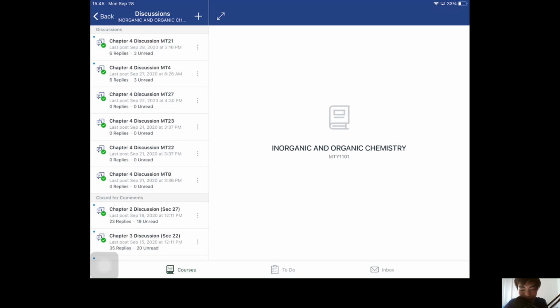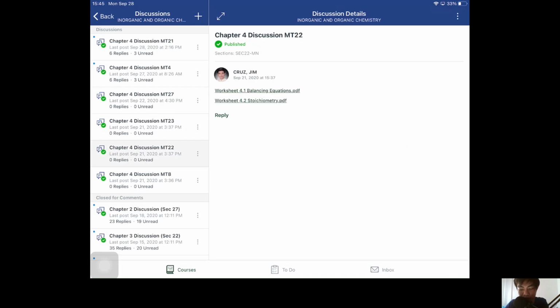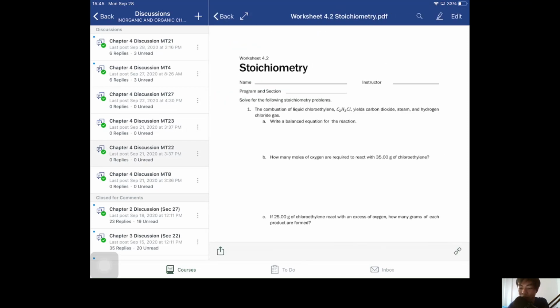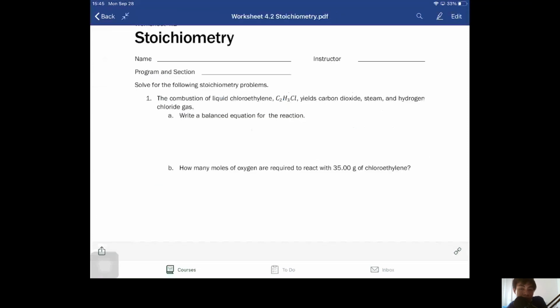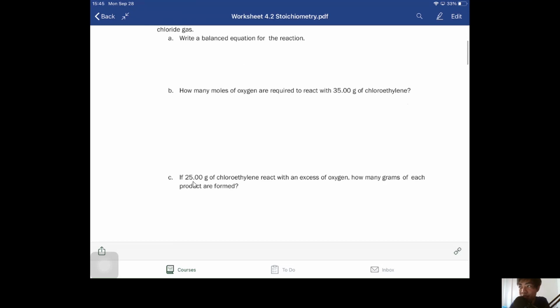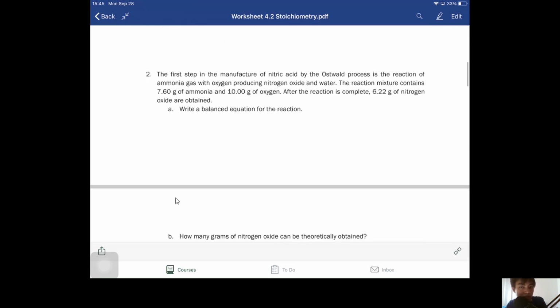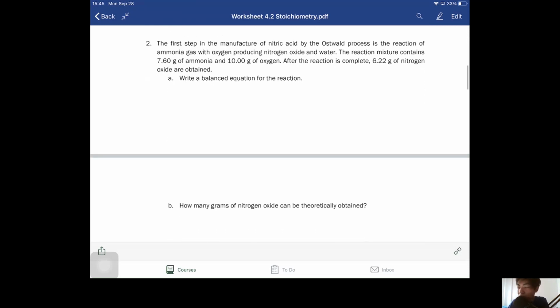Anyway, so just go to your canvas, no? Sa laboratory, punta kayo sa worksheet. So I want you to answer the rest of the items. So last time pinasagot ko lang sa inyo yung 1, 1A, B, C, di ba? So with the idea of limiting and excess reagent, you can actually solve for the other problems, no?